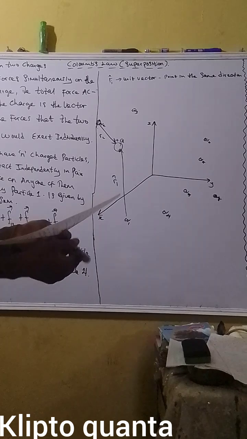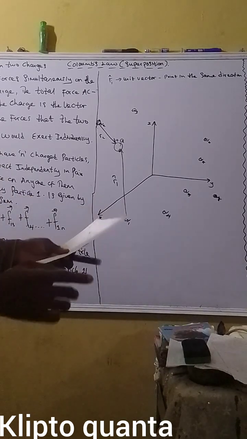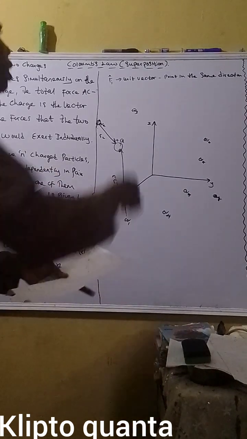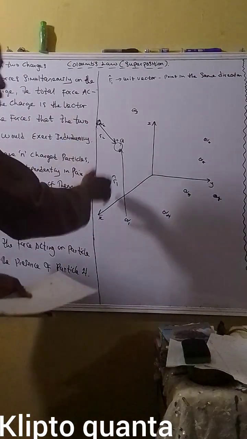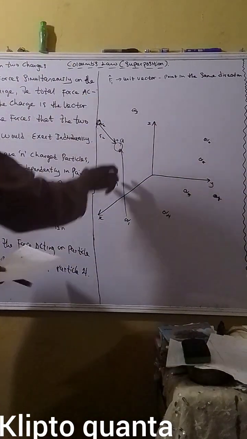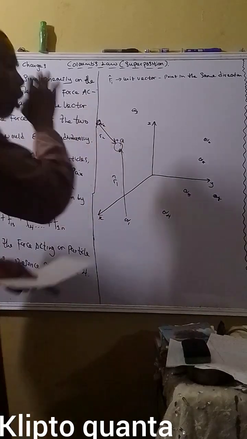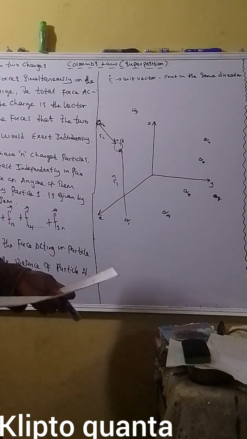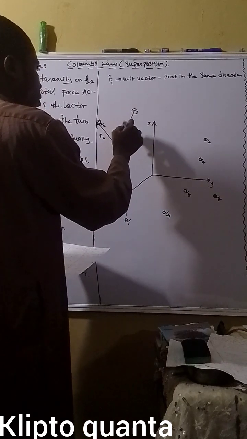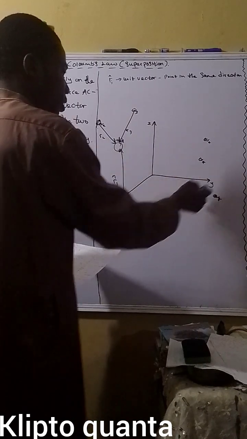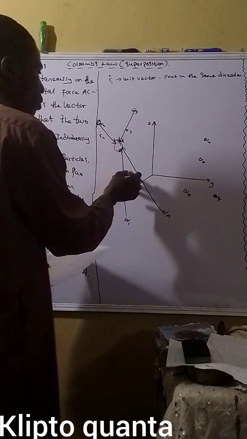What we want to break down from here is the unit vector we talked about, which will point in the same direction. That's the unit vector you are seeing. As you can see, unit vector 1, unit vector 2 will all point in the same direction. Are you getting what I'm saying? For charge 3, you have R3, and for charge 4, you have R4.